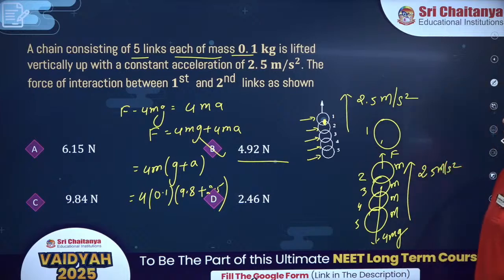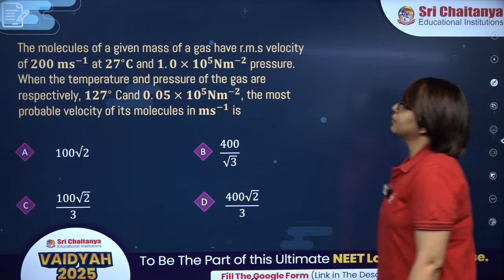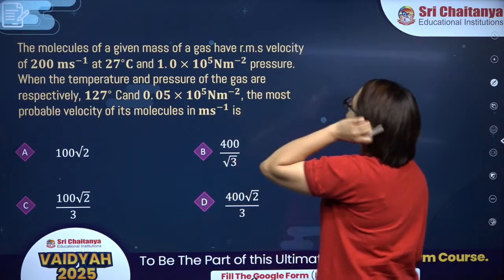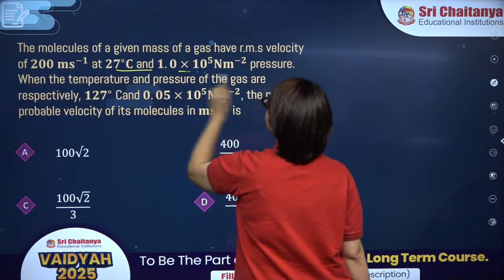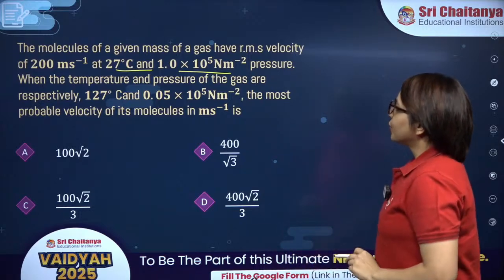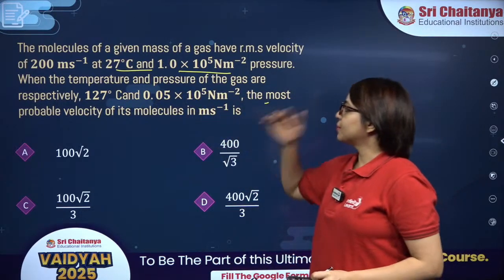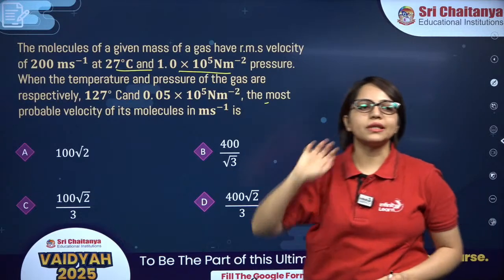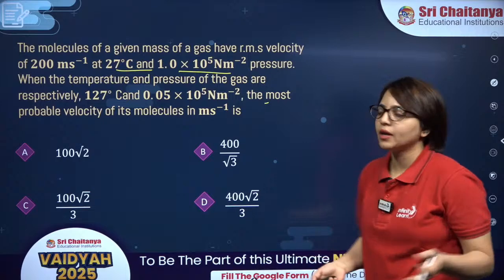Alright, chaliye. Let's try this one. The molecules of a given mass of a gas have RMS velocity of 200 at 27 degrees Celsius and this much pressure. When the temperature and pressure of the gas are this and this respectively, the most probable velocity of its molecules in meter per second is? Okay, so for doing this question, you should remember the formula.